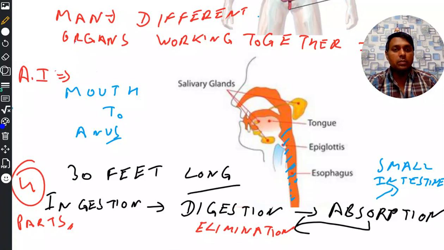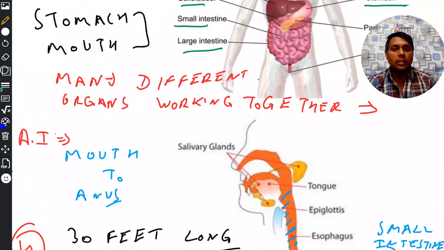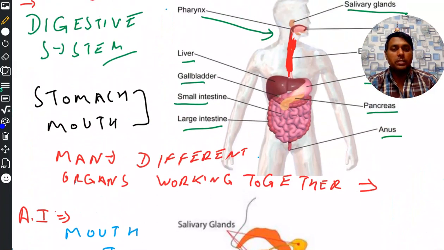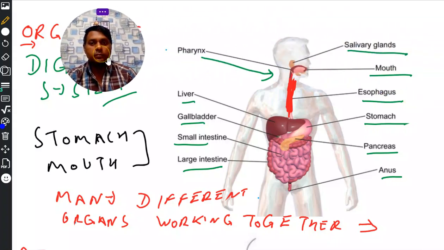Can you recognize in the picture where the small intestine is? You can see the picture there. Yeah, you can read the name. This is the small intestine. So absorption takes place at the small intestine.